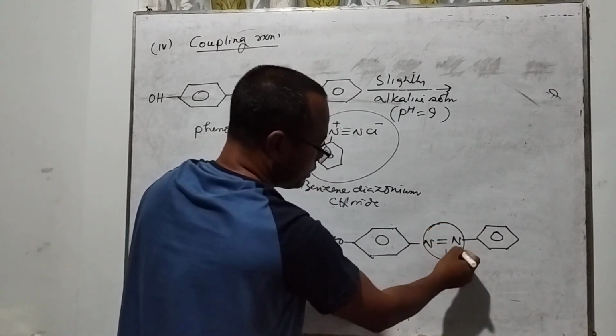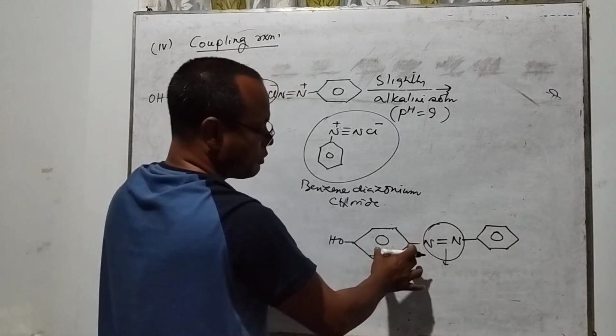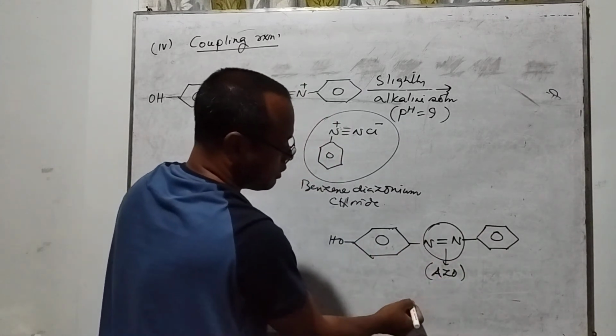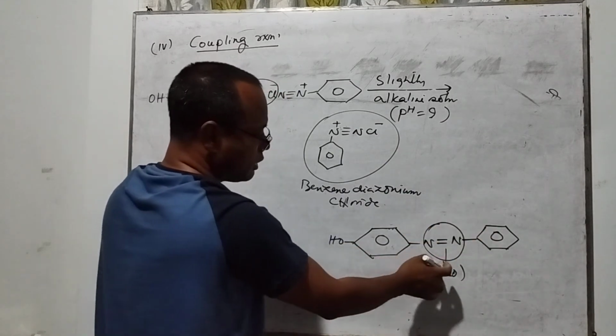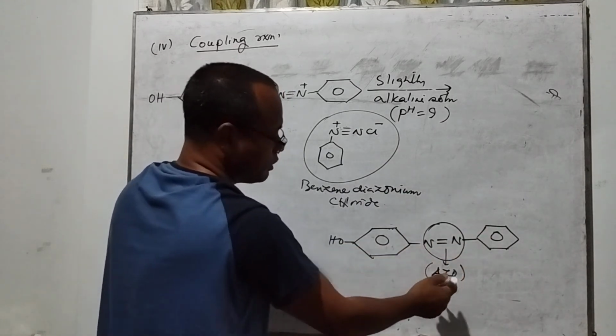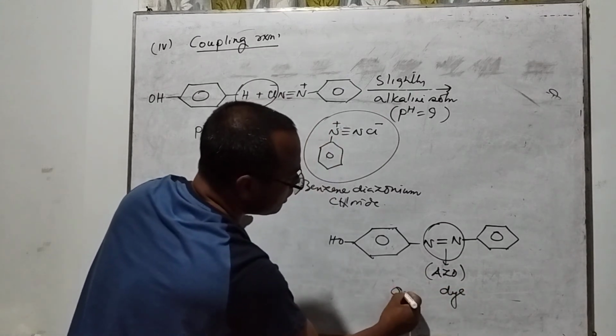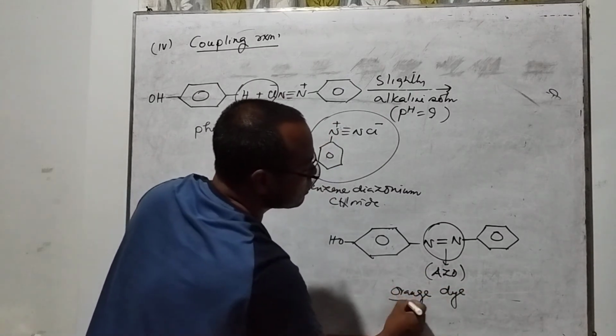If this nitrogen double bond is between the two substances, that is what we call the azo. This is the azo product. The compounds containing the azo group always have color, that is the dye. What is the color of this? That is the orange dye.